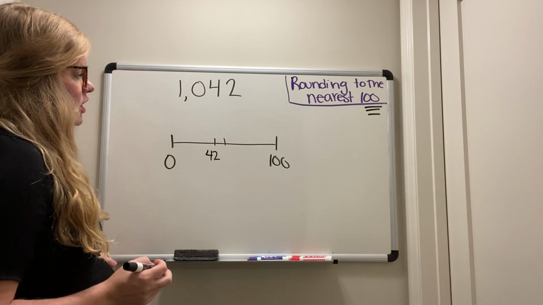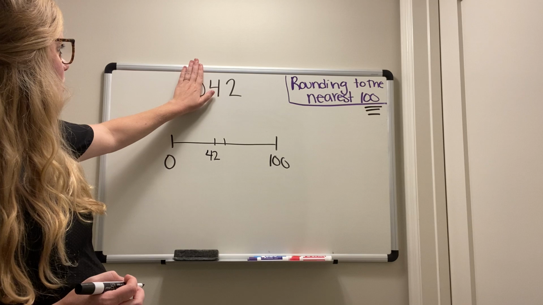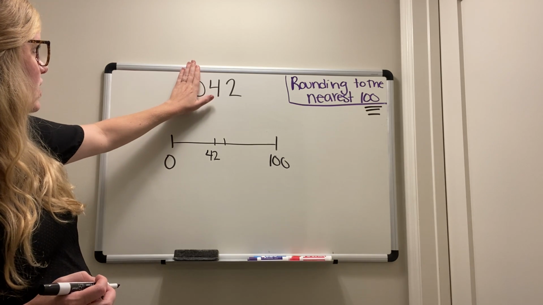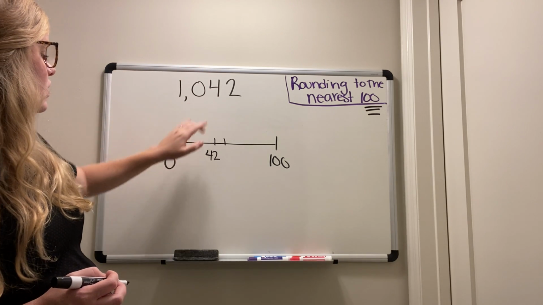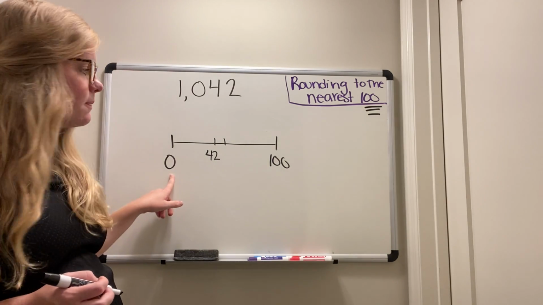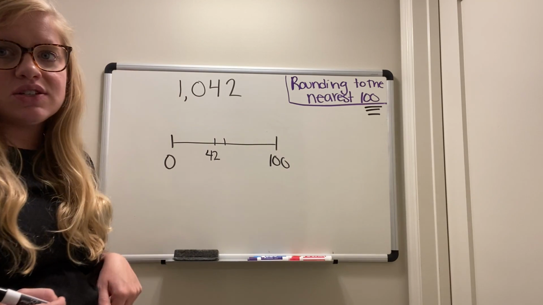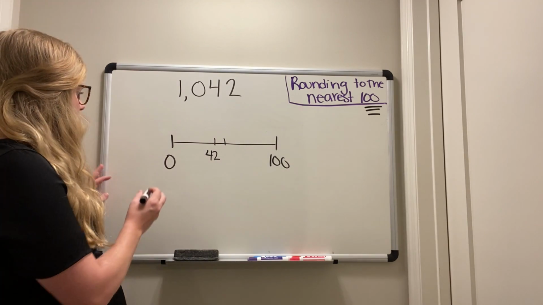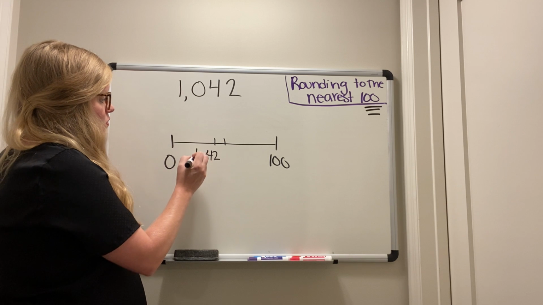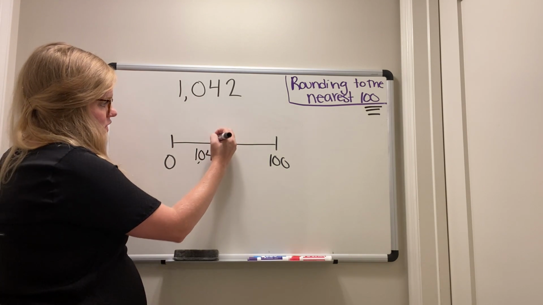Now, this is where it gets tricky. So we really were covering up 2 digits, right? So we would round to 0, but that doesn't make very much sense. We need to make these 3 numbers into 4-digit numbers. So this would be 1,042. That's where it would be on the number line.